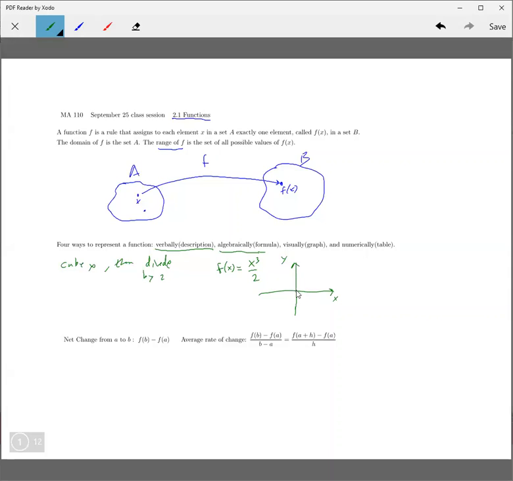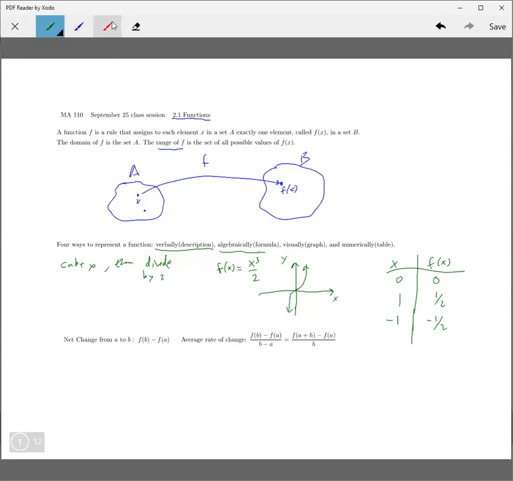And so then your function would look something like this, graphically. And then numerically, where you've got a table, and you can plug in different values. So 0 gives you 0, 1 gives you 1/2, -1 gives you -1/2, so on, okay?